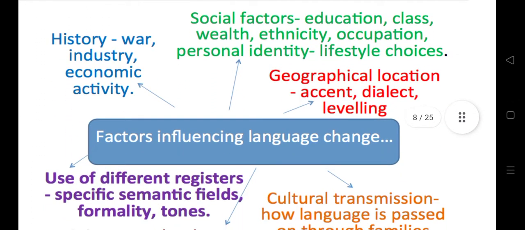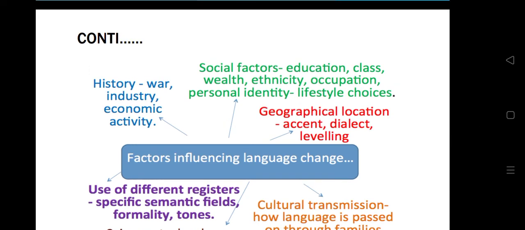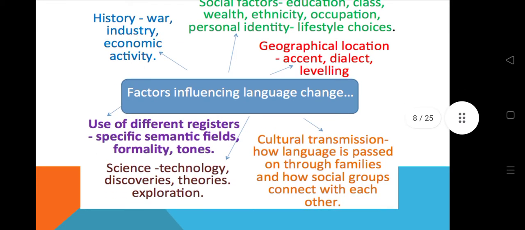And now we'll see the factors influencing language change. What are the major factors? Major factors include history, war. So the Cold War was there for the throne, and the industrial revolution, economic activity, and social factors included education, class status, ethnicity, occupation, personal identity, lifestyle choices.